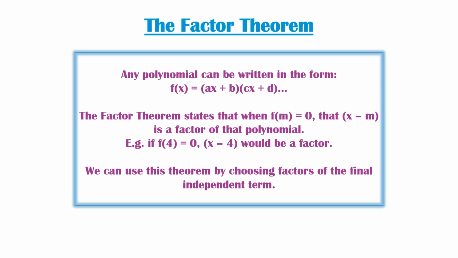For example, f of 4, if f of 4 equals 0, then x minus 4 is a factor. And we do this by choosing factors of the final independent term. Remember, independent just means without any x in it.